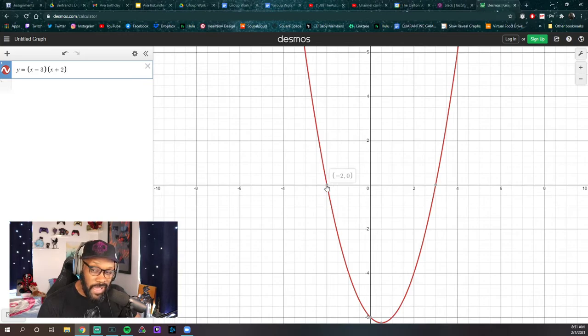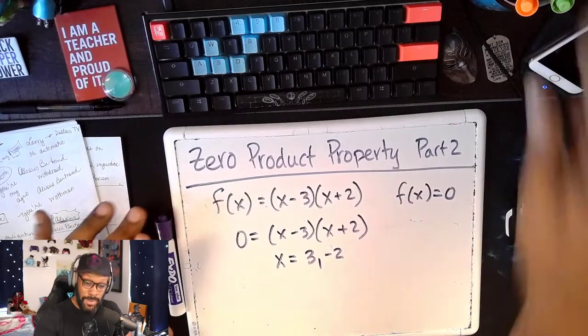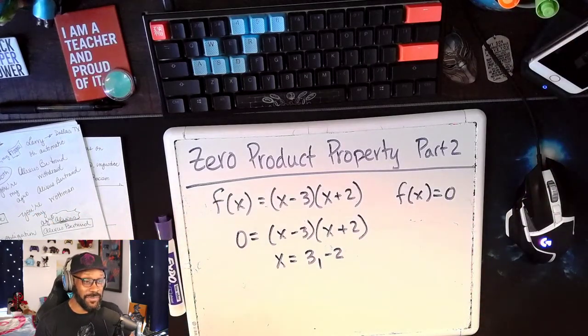Look at that, where x is negative 2, y, or f of x, is 0. And when I input 3, my output is 0. So essentially, going back to this screen for a second, y'all, these are, you got it, my x-intercepts.